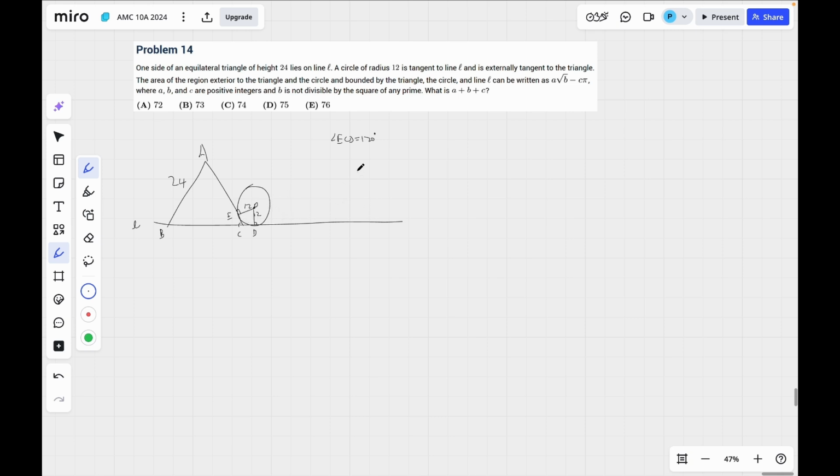So we can find the angle EOD, which is equal to 360 minus 90 minus 90 minus 120, which is equal to 60 degrees.